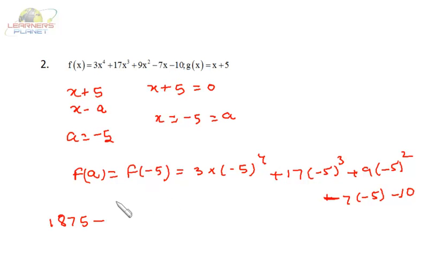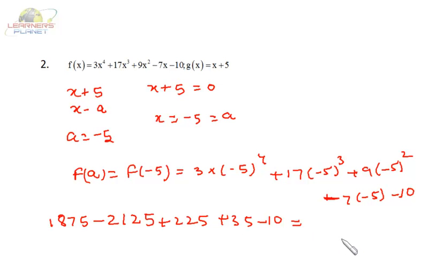So it's minus of 2125. Then (-5)^2 is 25, and 25 into 9 is 225. Then minus 7 into minus 5 is plus 35, and it is minus 10.